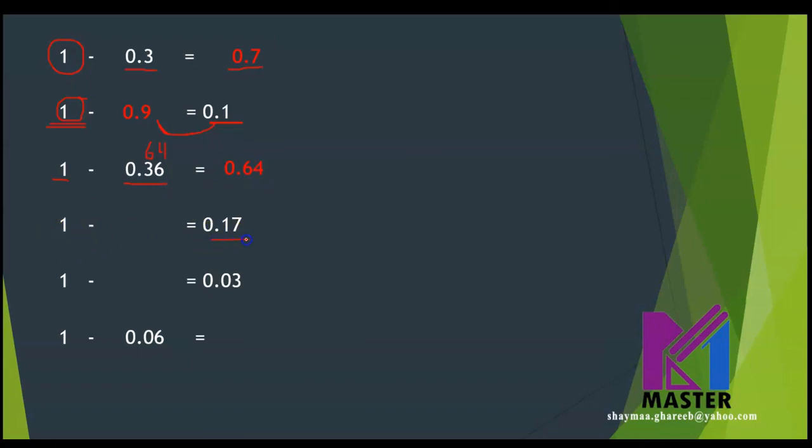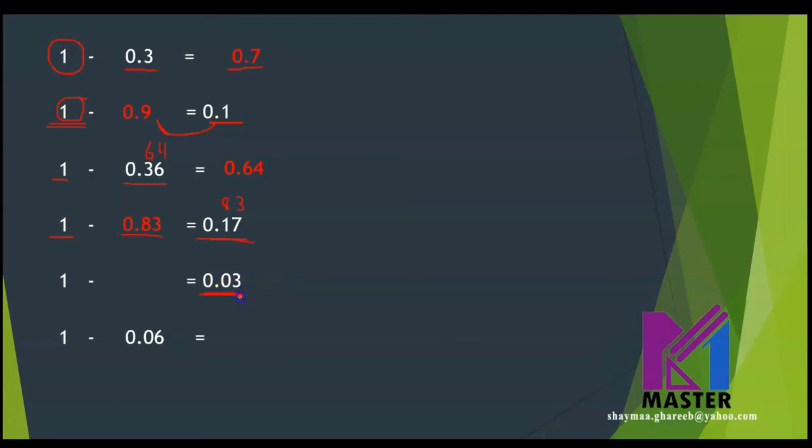Now I have 17 hundredths. I will do exactly the same. The 7 needs 3 to form 10 and the 1 needs 8 to form 9. So it will be 0.83 or 83 hundredths. 83 hundredths and 17 hundredths makes 100 hundredths, which is 1 whole. 1 minus what gives 0.03, which is 3 hundredths.